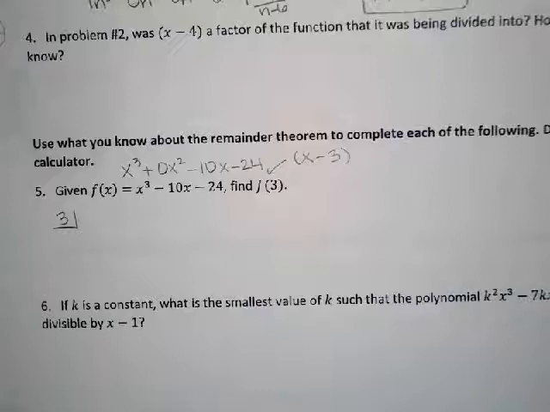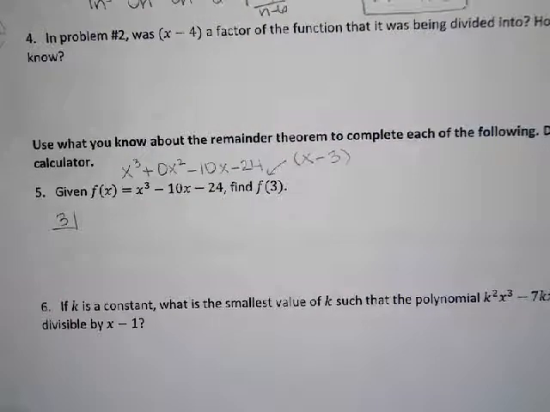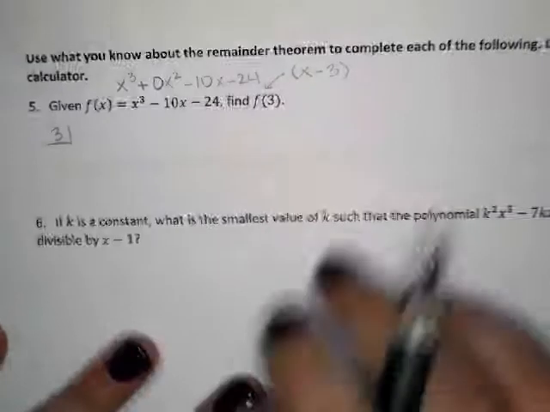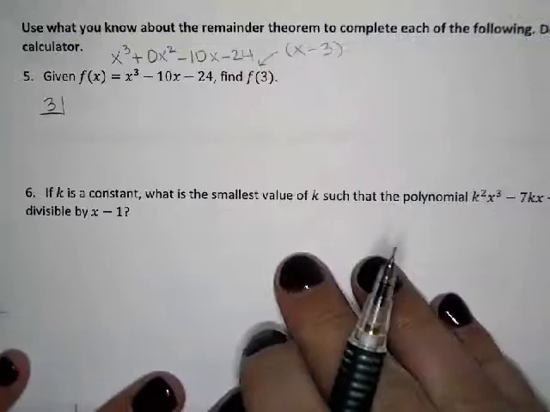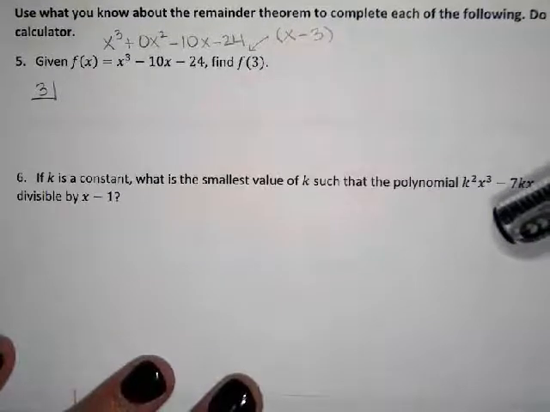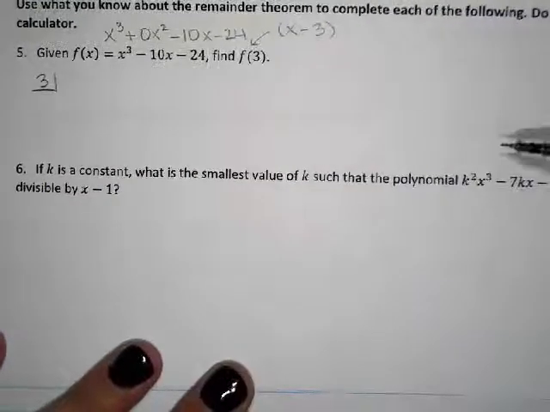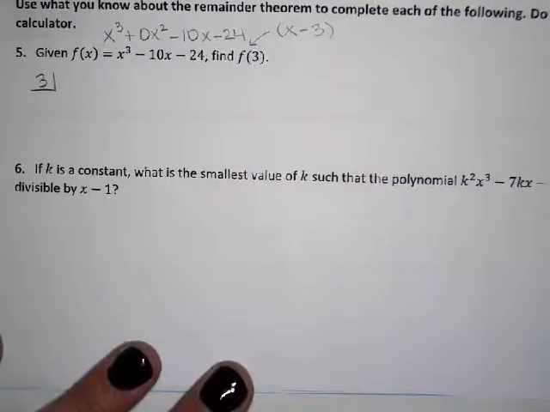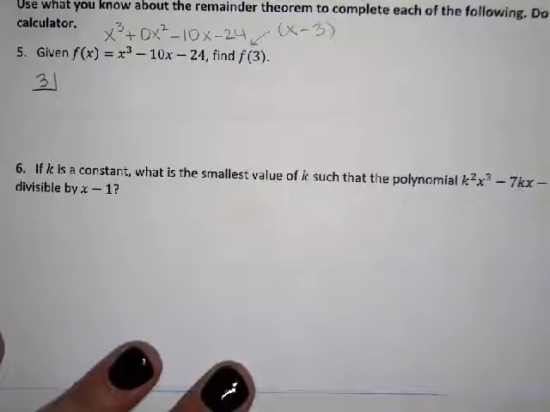All right. So at this point, we should have number 5 done. Yes. Okay. Let's look at number 6. All right, on number 6, it's worded weirdly, but the problem is actually not terrible.